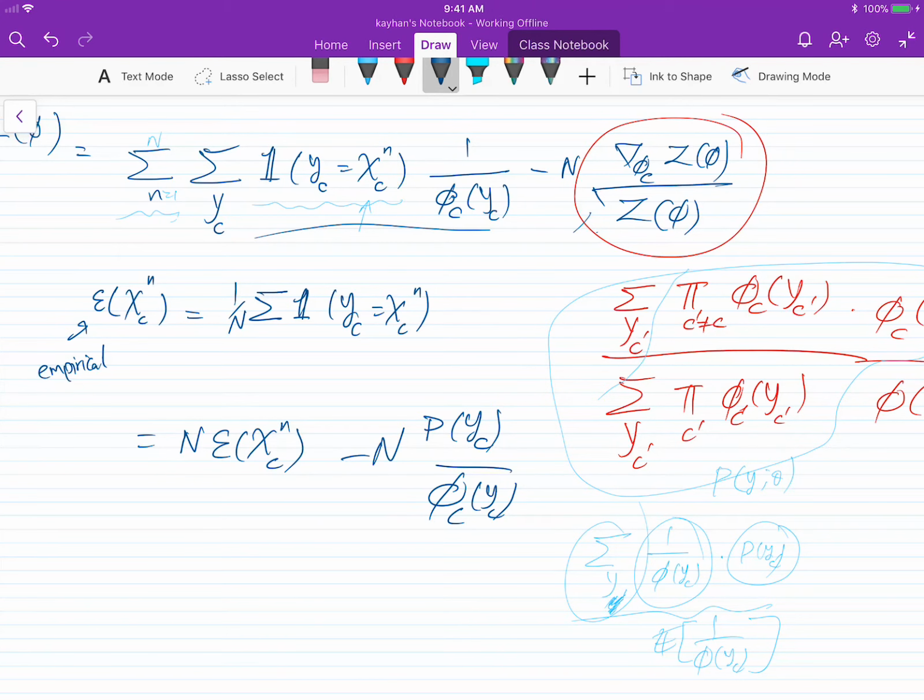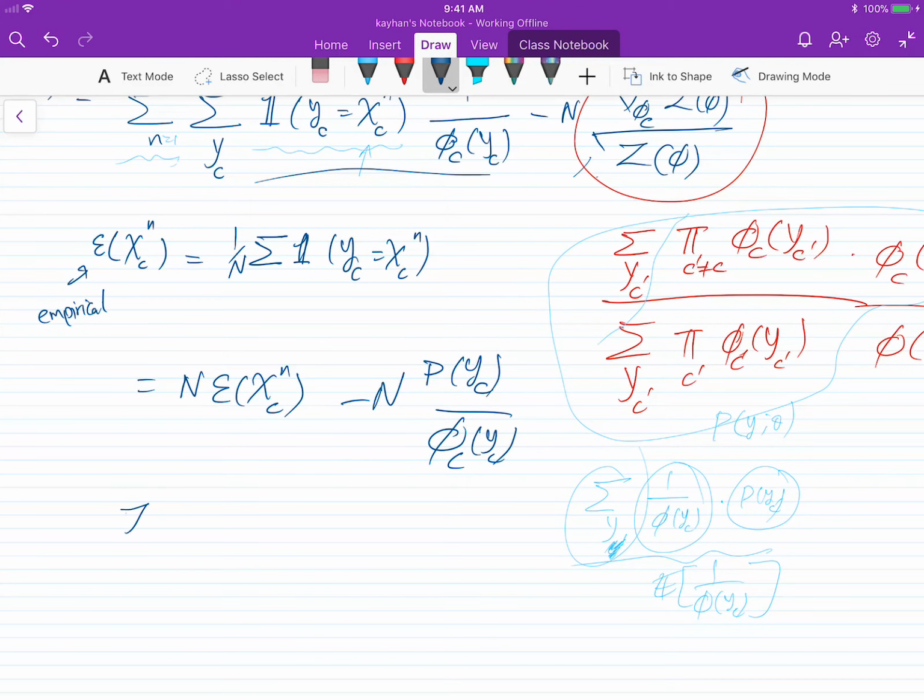Okay. At the optimum, if I set the gradient with respect to phi c equal to 0, these should become equal, and also get rid of that. So I get the same thing of empirical being equal to, okay, I'm missing something, okay.